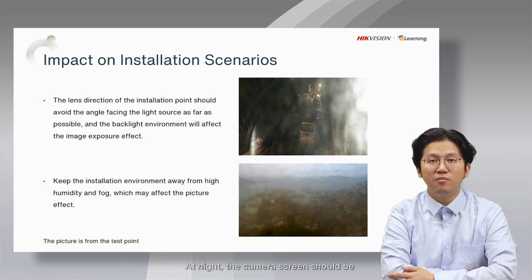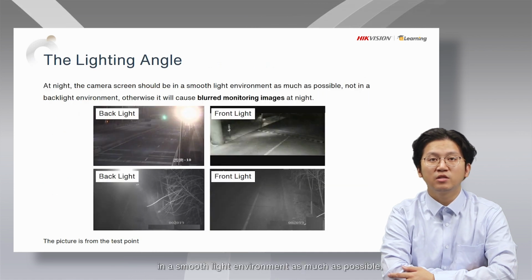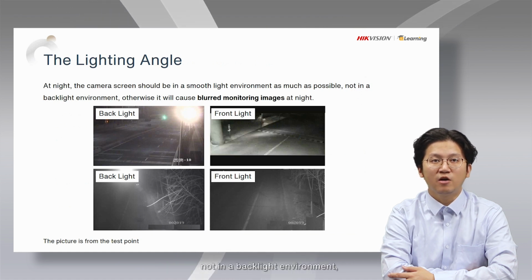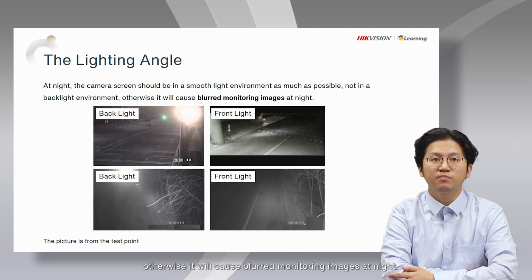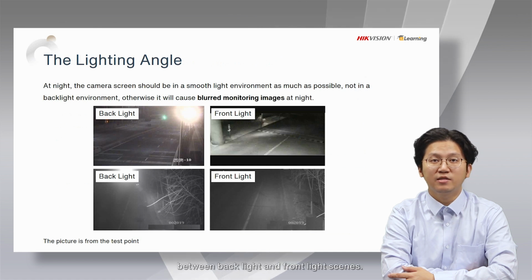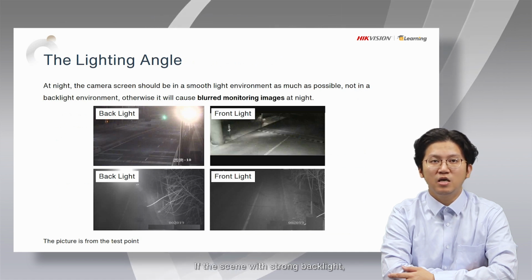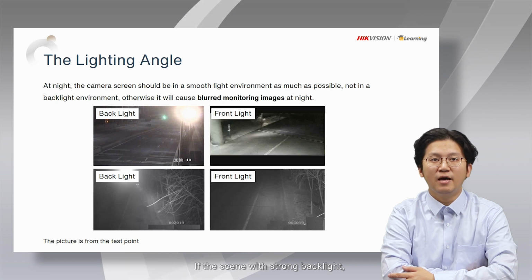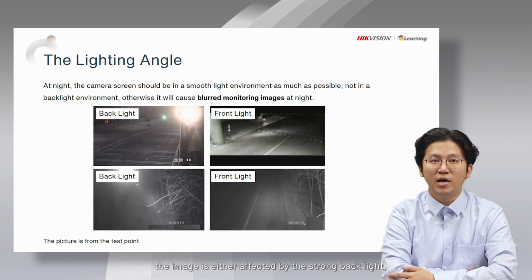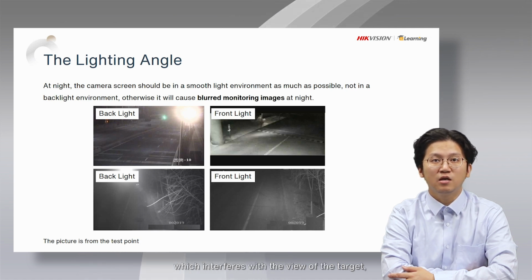At night, the camera screen should be in a smooth light environment as much as possible, not in a backlight environment. Otherwise, it will cause blurred monitoring images at night. So here is the comparison between backlight and frontlight scenes. In the scene with strong backlight, we can tell from the two pictures on the left that the image is either affected by the strong backlight, which interferes with the view of the target, right?